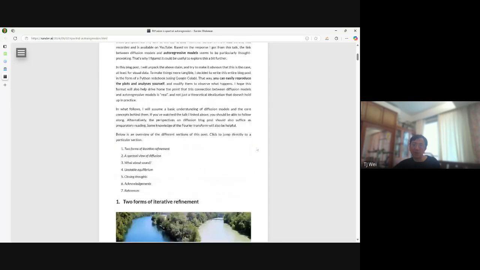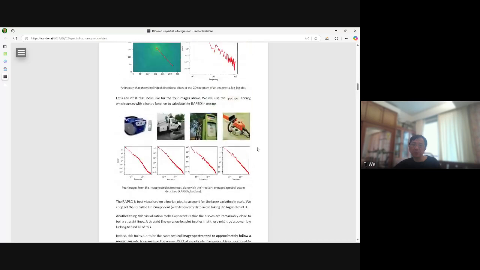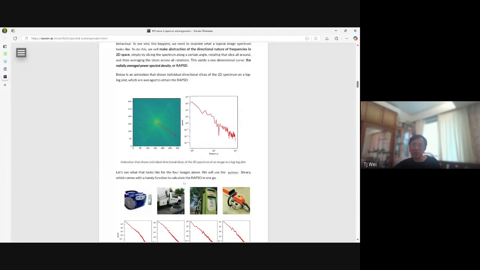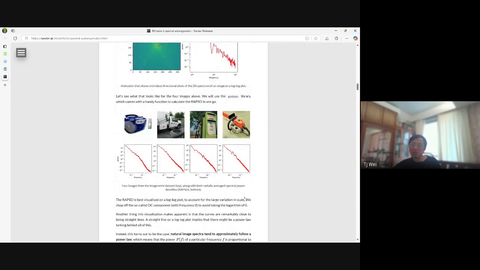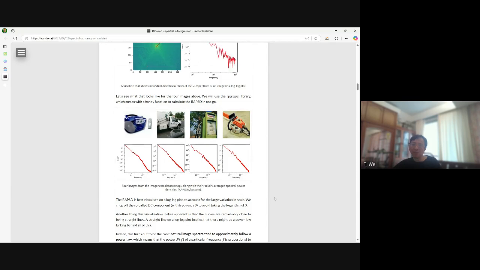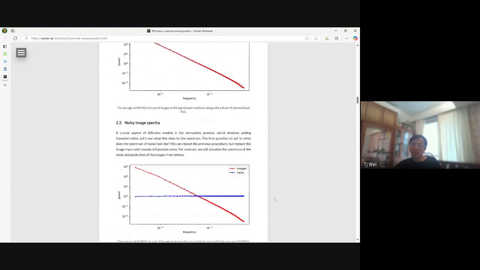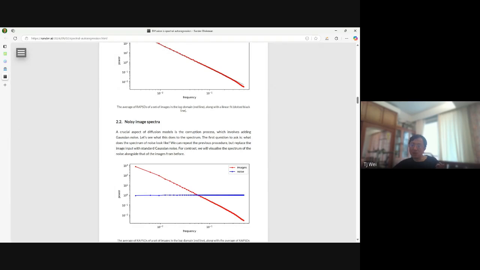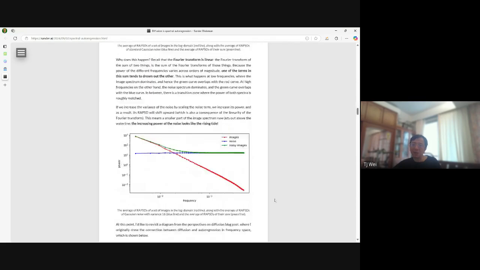This is a blog post investigating images in the spectral domain, and it shows that when we observe the spectral domain, the progress of the diffusion model actually looks kind of like an autoregressive model.